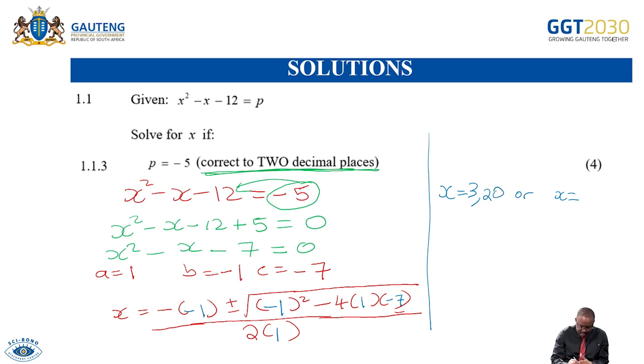Or 3,19. Let's leave it as 3,19. And then if we were to change that sign there, we are going to get negative 2,19. So those are the two x values.